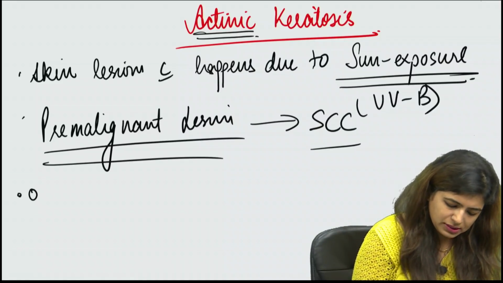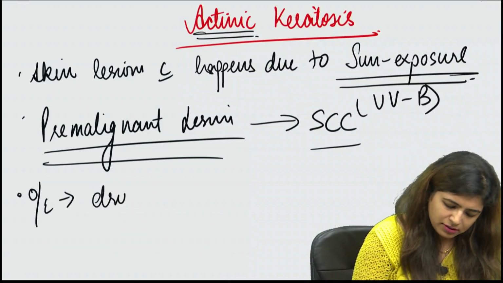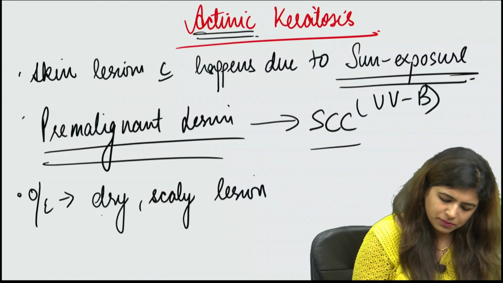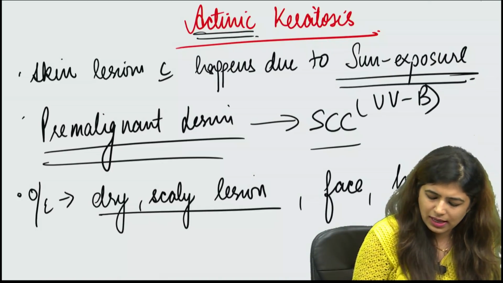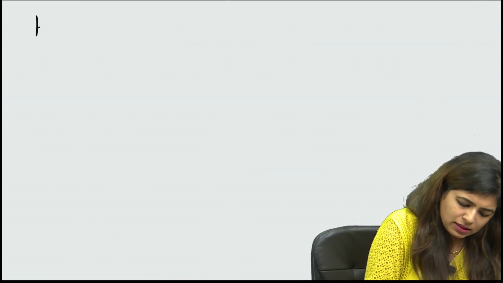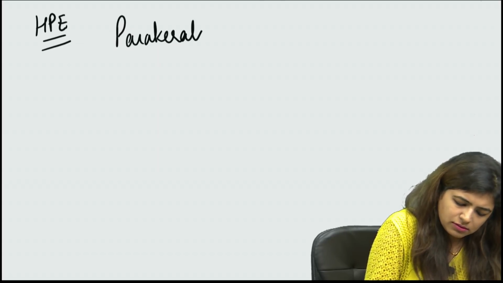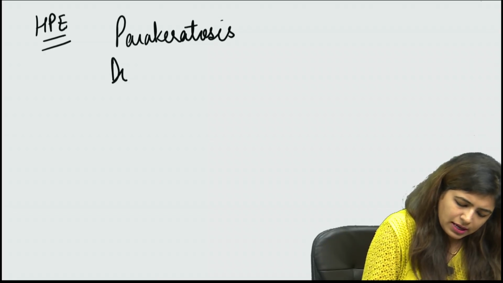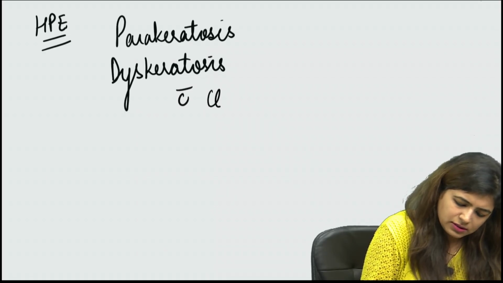Now, how does it look like? This looks like a dry, scaly lesion present mostly on sun exposed sites like the face or the hands. If you do the histopath from this lesion, you will see parakeratosis and dyskeratosis with cellular atypia.